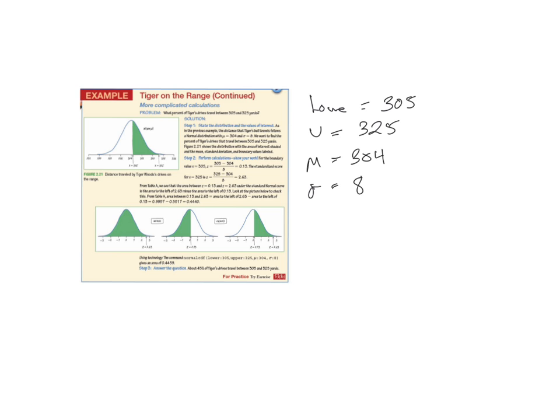So we enter that information in, we click paste, and that's going to give us 0.4459, or approximately 45%. So what percent of the drives travel between 305 and 325 yards? It'll be about 45% of those drives, a little less than half.